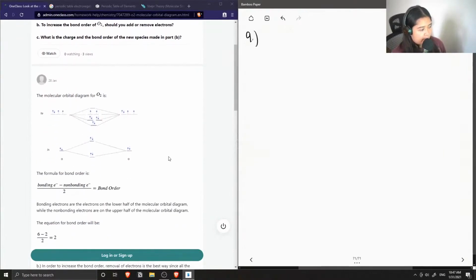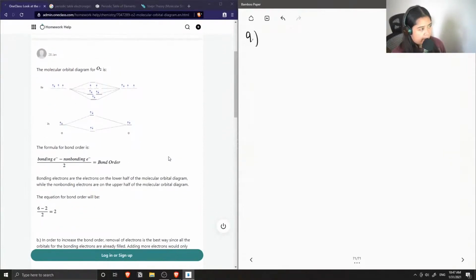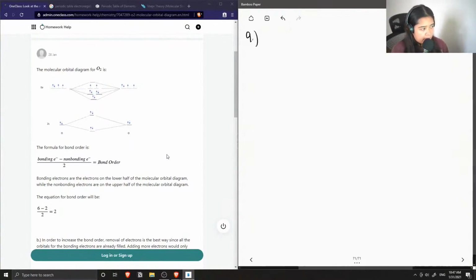So they included the molecular orbital diagram for oxygen, but let me label it a little more. I'll draw in all of the different orbitals here.